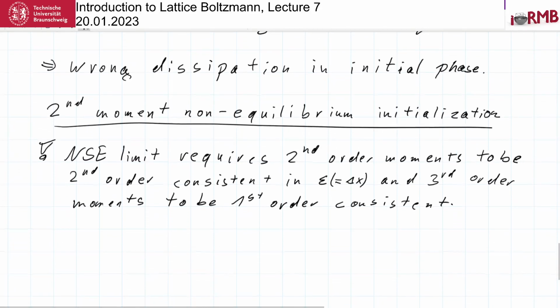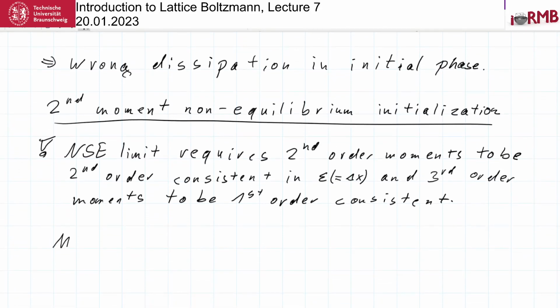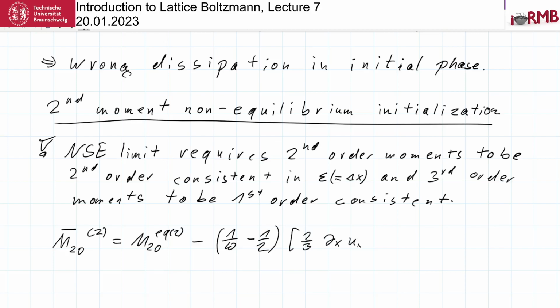So what are the second moments from the asymptotic analysis? So we have the M20 over bar. So this is the average between the pre and the post-collision states. This is supposed to be the M20 equilibrium to second order, minus 1 over omega minus 1/2, and then we have here 2/3 dx ux, and I'm not writing lattice units here anymore, and rho to the order 0.